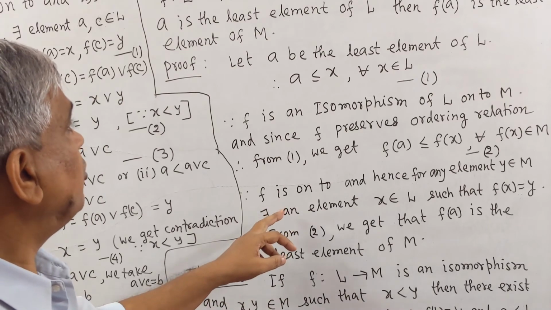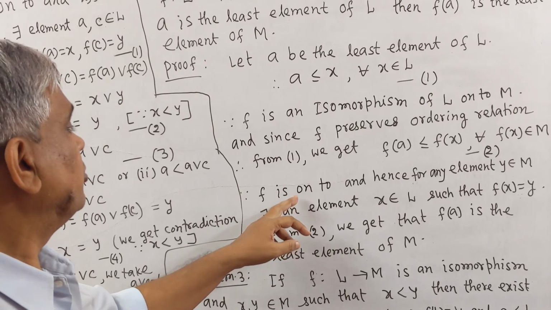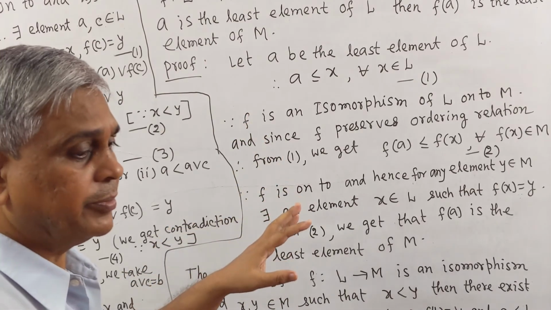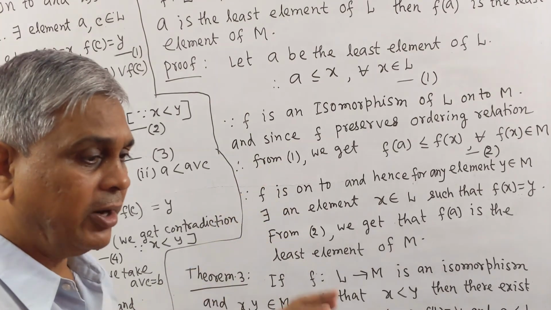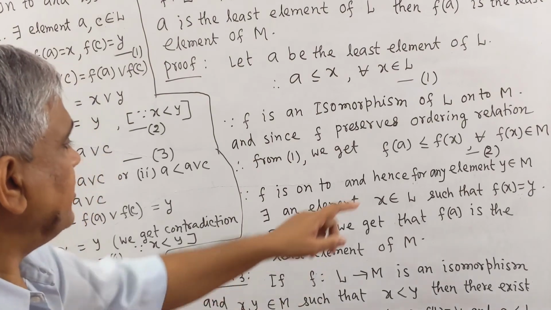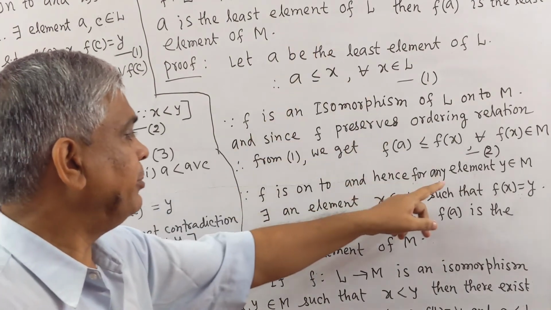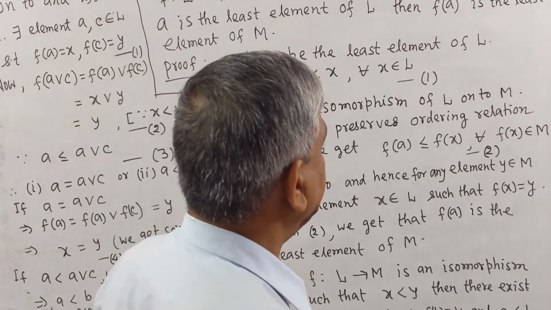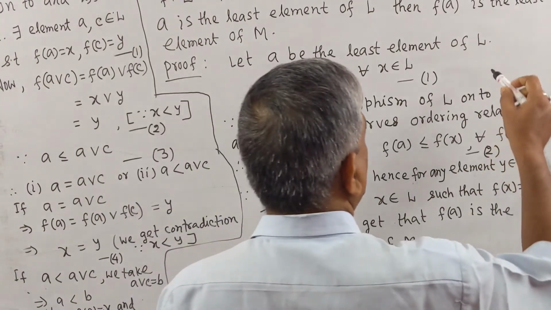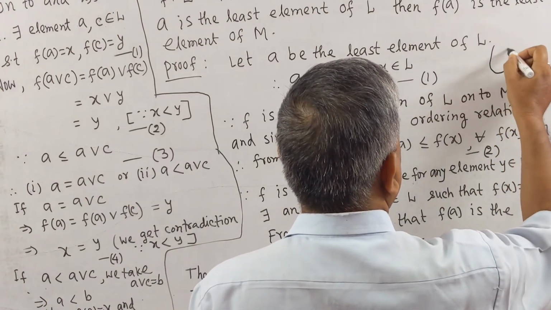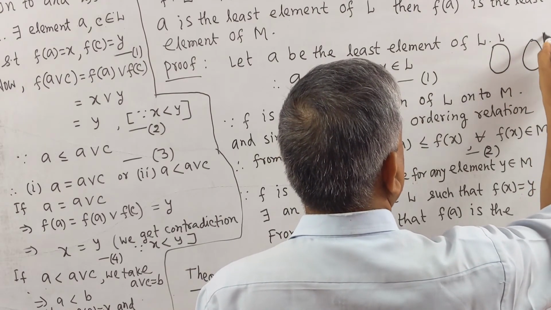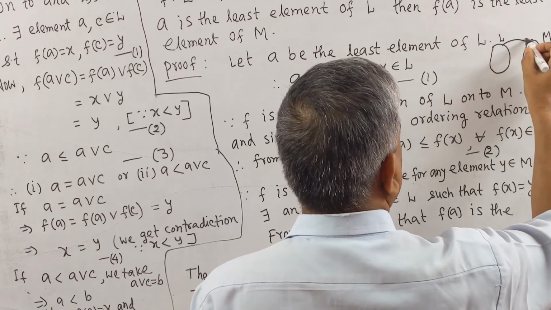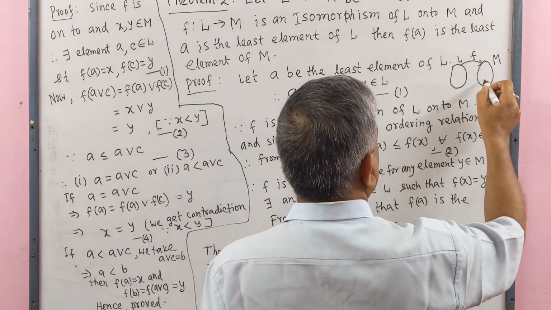Since F is onto, because F is an isomorphism, so F must be 1-1 and onto, and hence for any element Y belongs to M. This is L and this is M. F be the isomorphism.